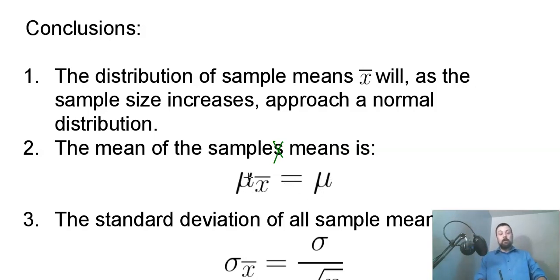So if you consider the notation here, this is the mean of the sample means. X bar is a sample mean, so we're looking at the mean of the sample means, and it equals the mean of the original population of data values, right? So the mean actually won't change. The mean of your sample means will be the same as the mean of your original set of numbers, according to the central limit theorem.